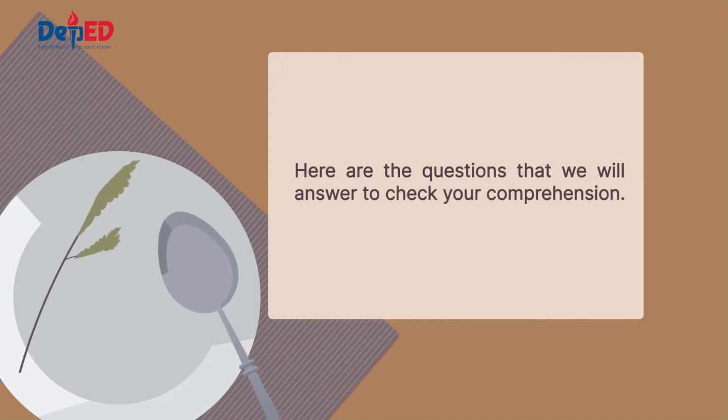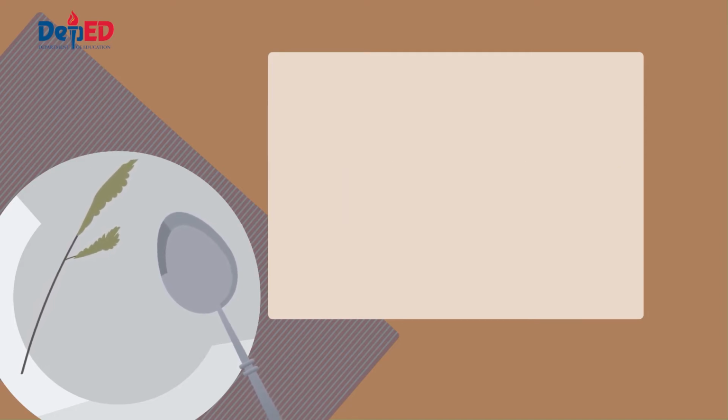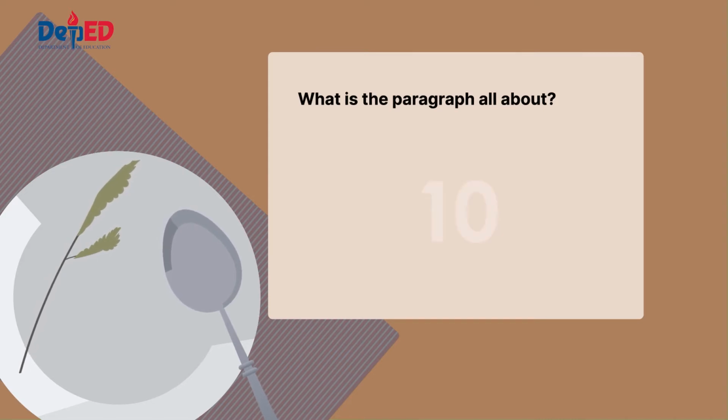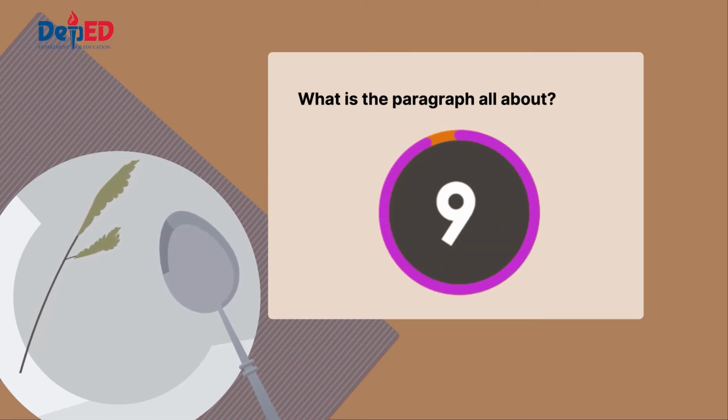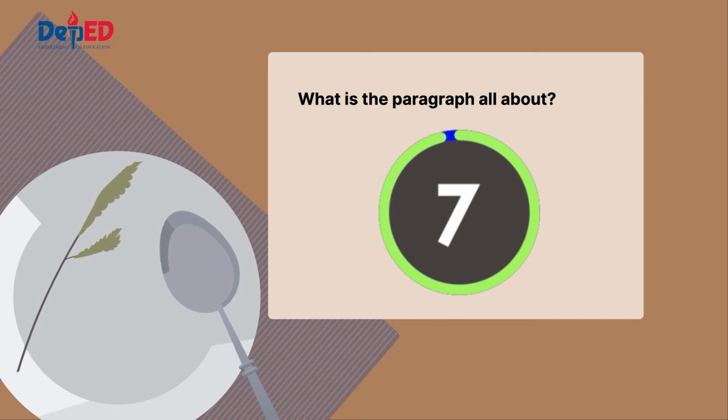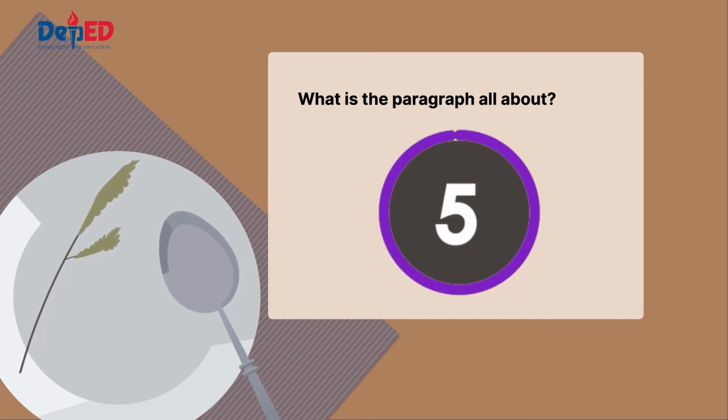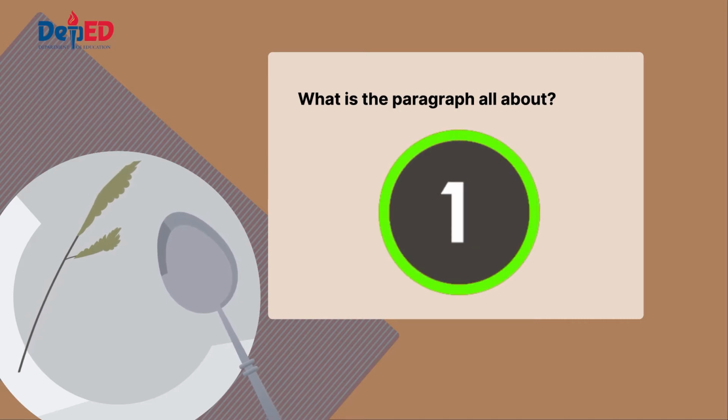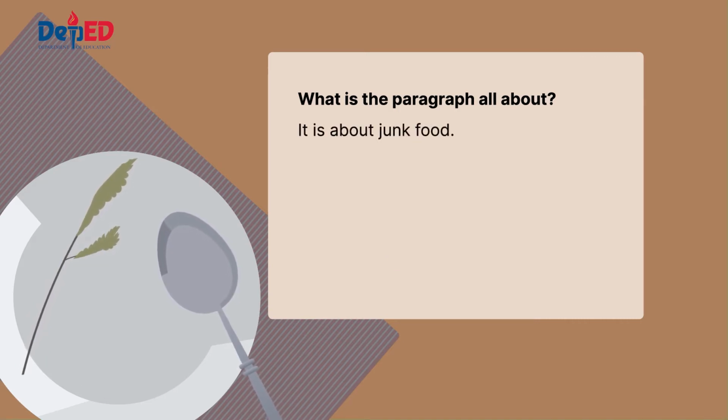Here are the questions that we will answer to check your comprehension. First question: what is the paragraph all about? If your answer is, it is about junk food, you are correct.